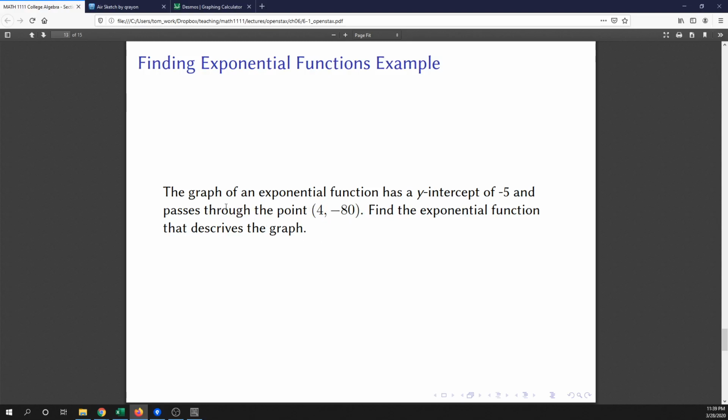So it says the graph of an exponential function has a y-intercept of -5 and passes through the point (4, -80). Find the exponential function that describes the graph. Okay. All right, so the y-intercept is -5, and it passes through the point (4, -80).